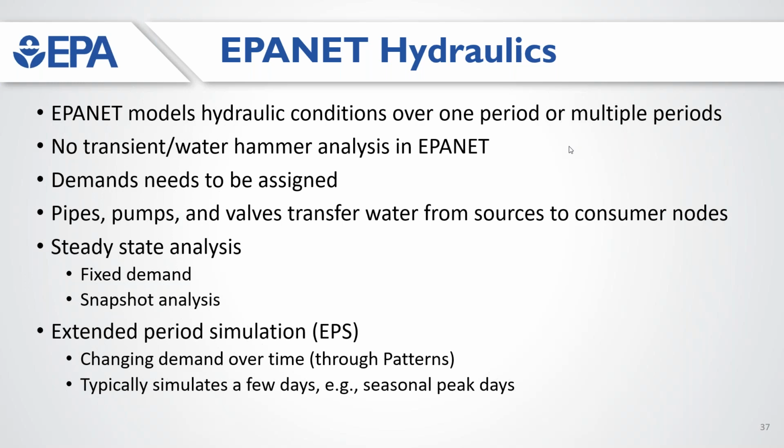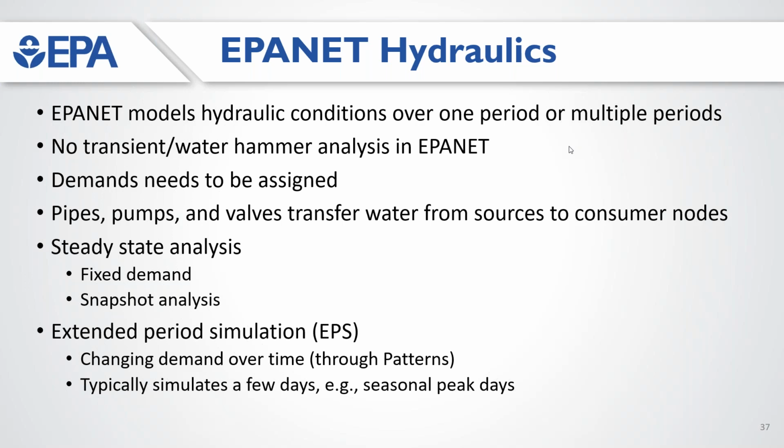Lots of commercial software companies like Bentley or Innovyze provide transient analysis. And I know UT Austin developed an open source transient analysis package too. But EPANET doesn't include any transient capability for now.